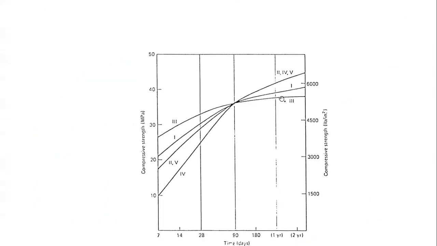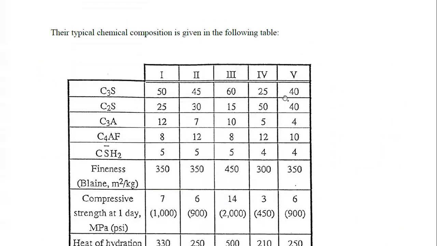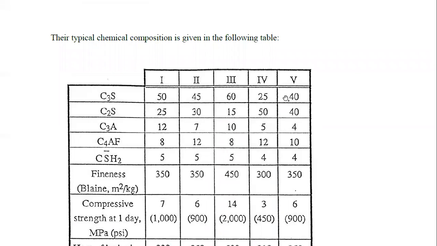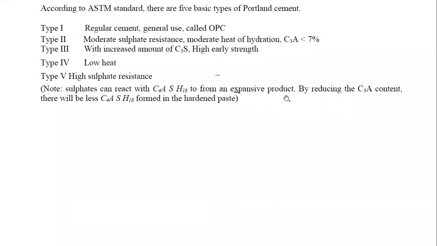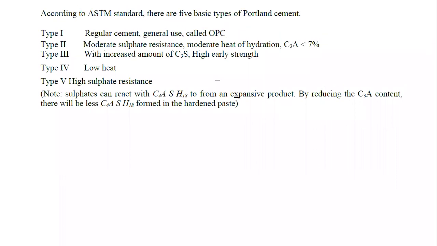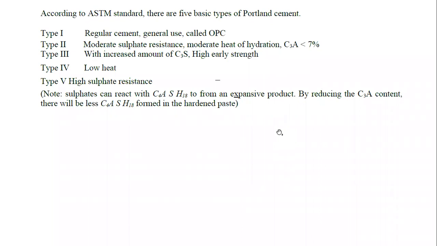Also, the compressive strength and the basic typical chemical composition of the cement for all the types. Also, we covered the types of cement. In the next lecture, we are proceeding to the aggregates topic. So basically, सीमेंट का यहाँ पे पूरा टॉपिक कवर हो जाता है, सीमेंट की केमिकल फिजिकल प्रॉपर्टीज, टेस्ट एंड इंग्रेडिएंट्स. थैंक यू.